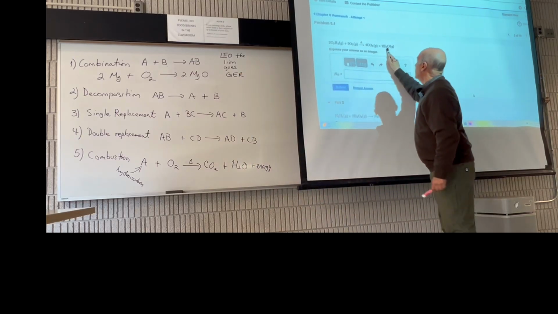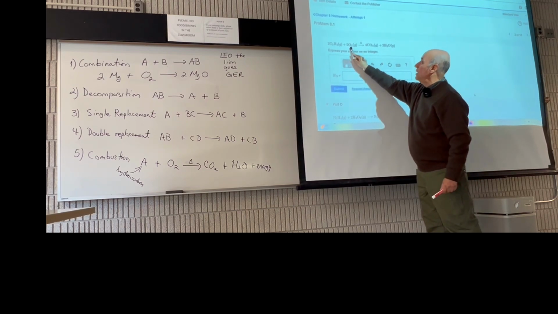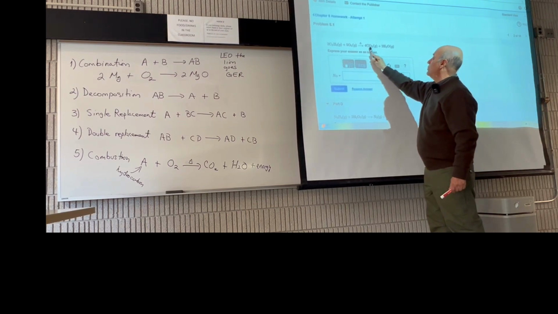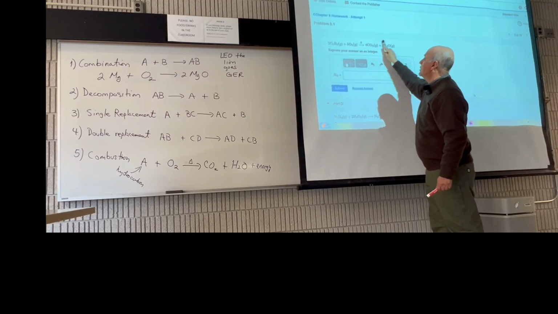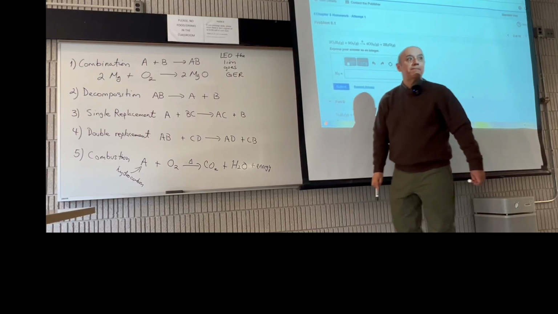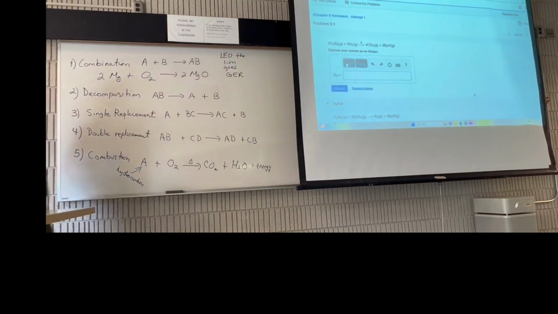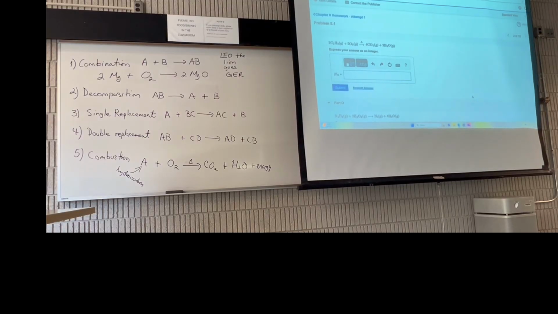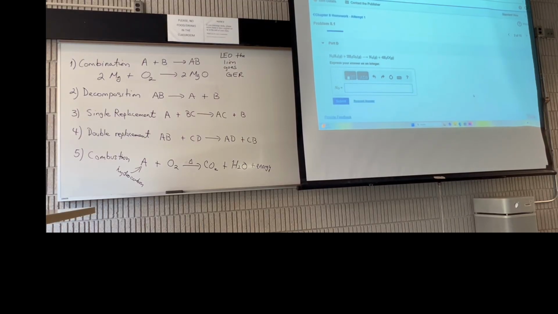So oxygen as a reactant, CO2 and H2O as products, this always means combustion, right? That wasn't the question, but I wanted to take advantage of that to show you how you can actually make those guesses. Okay, so let's go back to answering the question about oxygen here.